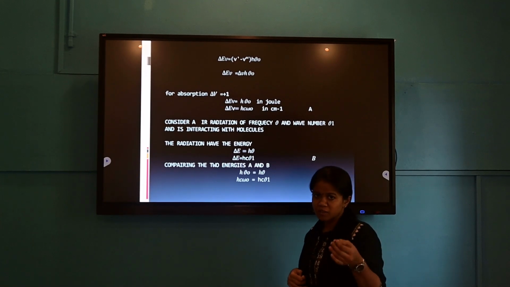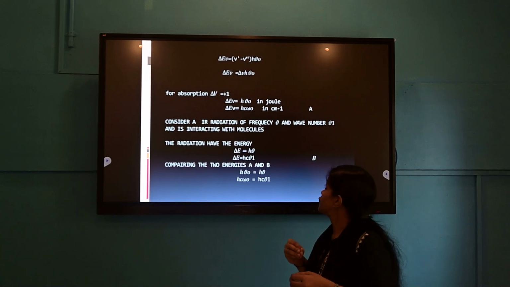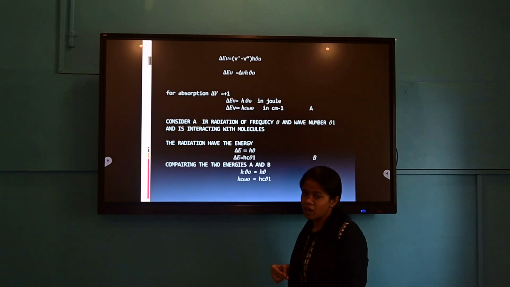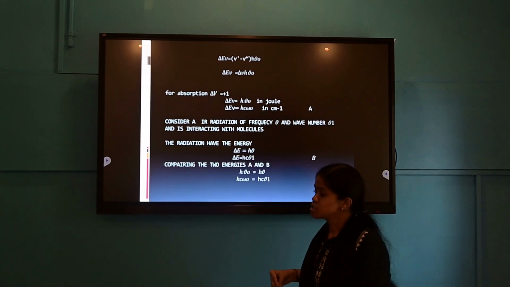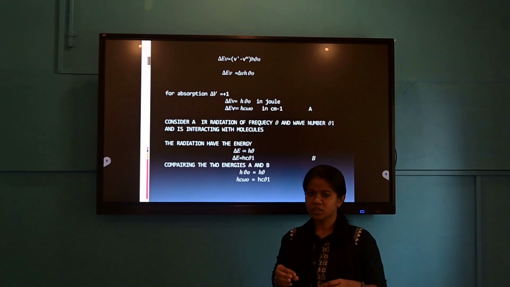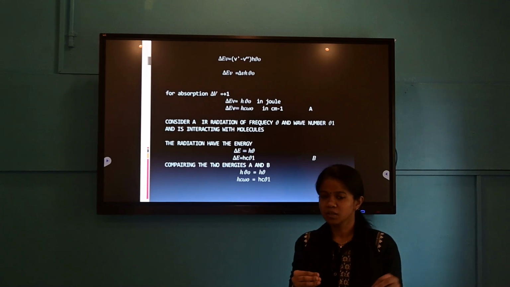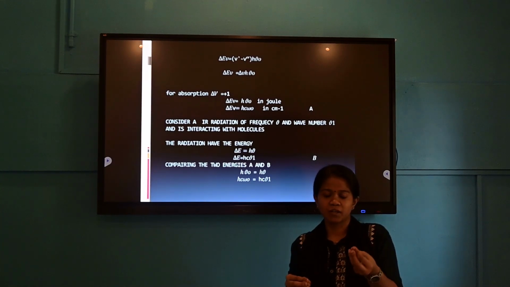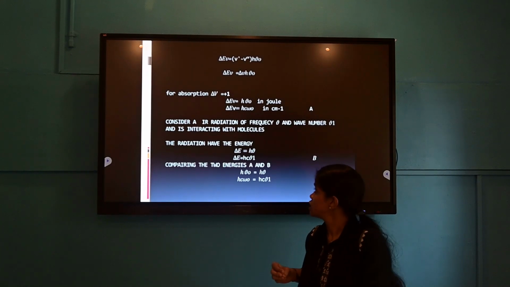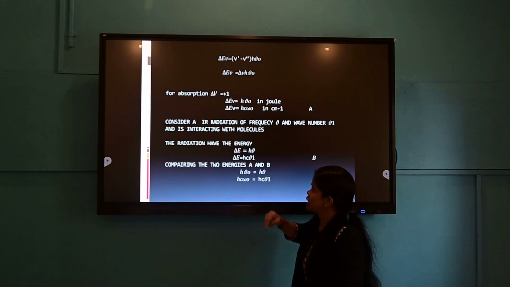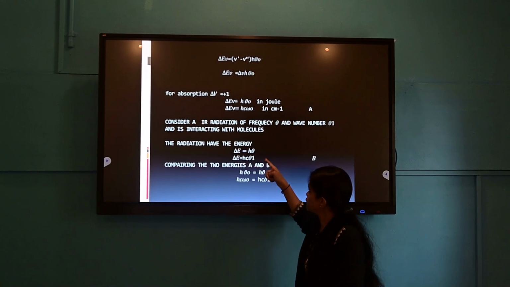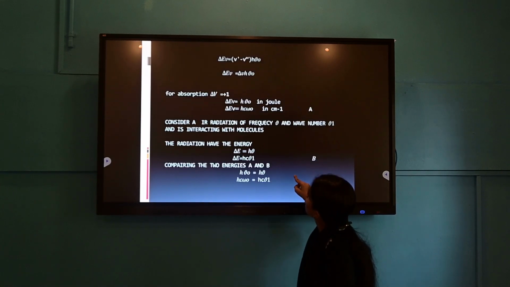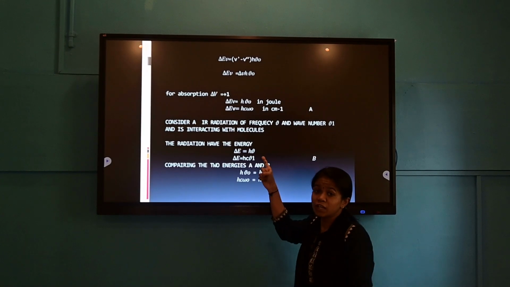We can also represent it in terms of wave number: delta EV is equal to hc omega 0. We already discussed that. The molecule is in vibration, and then a radiation comes with a particular frequency nu and a particular wave number nu 1. So the energy of the radiation is delta E equal to h nu, in terms of joule.